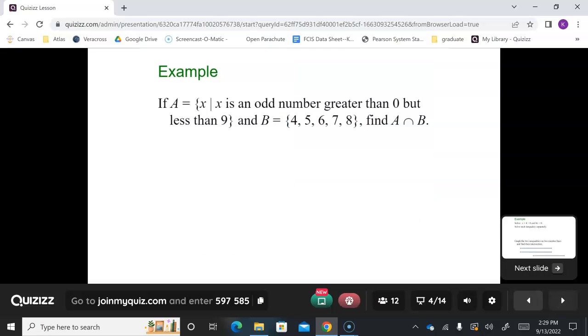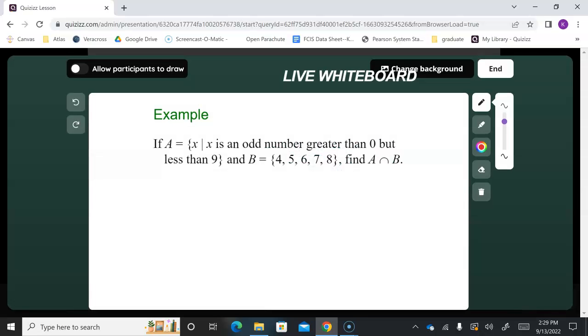Before we look at inequalities, let's look at just two sets. We have set A and set B. Set A is all values of x such that x is an odd number greater than 0 but less than 9. So what are some odd numbers that are greater than 0 but less than 9? 1, 3, 5, 7. So this is set A. Then set B is these numbers.